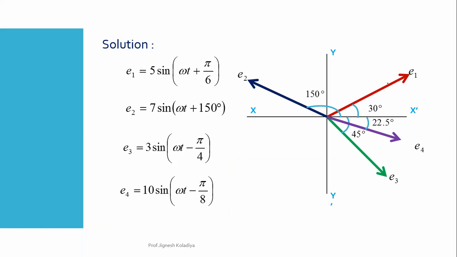Now, this is the angle of 30 degree. Can I say like this? Because this total is 180, and 180 minus this 150 will give me 30 degree with this negative x-axis. Yes or no?